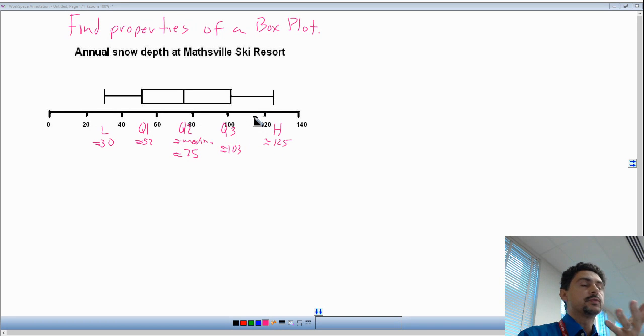Now, there's more to talk about, and the thing about the properties of a box plot is that it's based on quartiles. And what are these quartiles? What do Q1, Q2, Q3 mean?